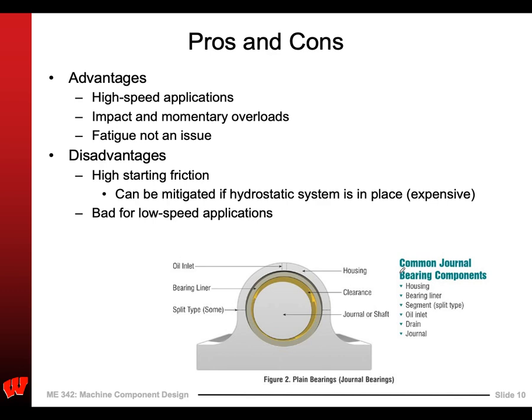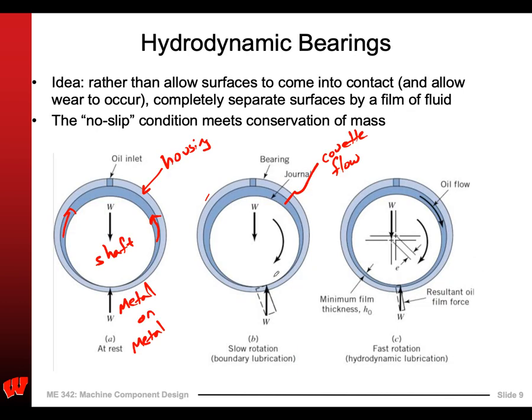So, pros and cons of this. They're great for high-speed applications. Like I said, the hard disk drive in older computers rides on an air bearing because it has to be very small and spin very fast. It can take really high shock loads. If I push down on this really fast, to accelerate oil out this way takes enormous pressures to squeeze that oil through there.